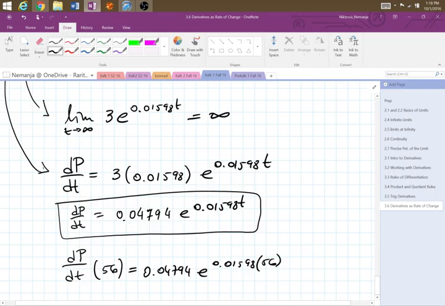So let's see what we get. Now exponentiate it.